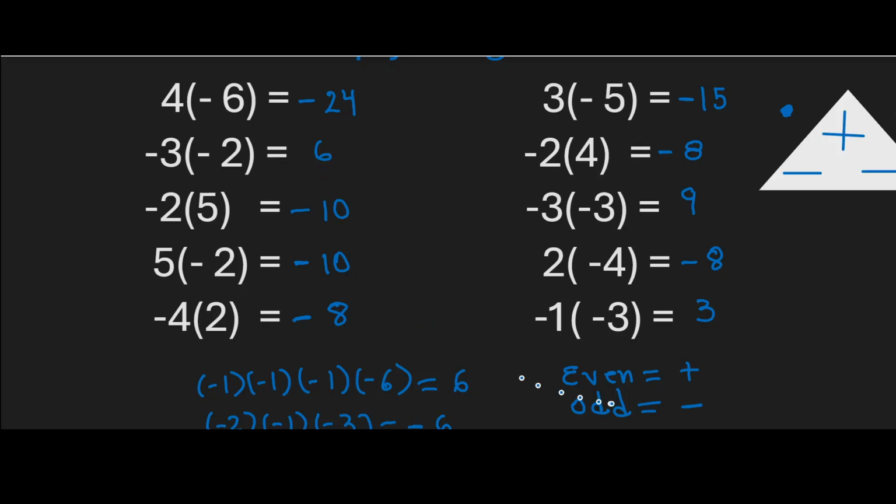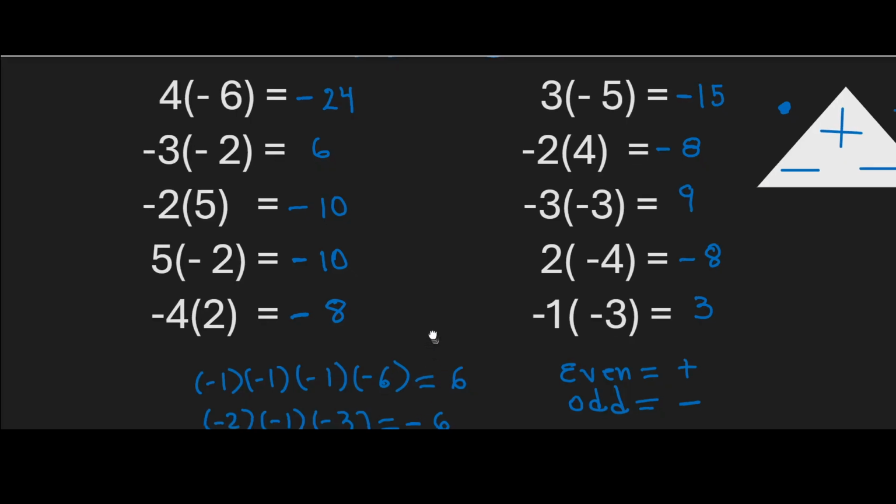So one more time, to get the answer, you can do it either this way or that way, okay? And all you do is count the number of negatives. If the number of negatives is even in that multiplication, the answer should be positive. If the number of negatives is an odd number, then the answer should be negative, okay? And all you do is count them.